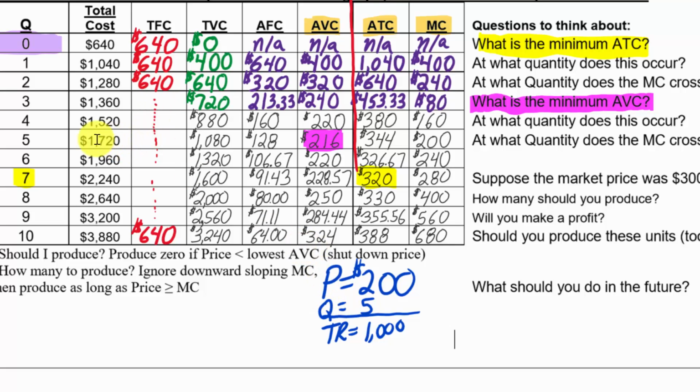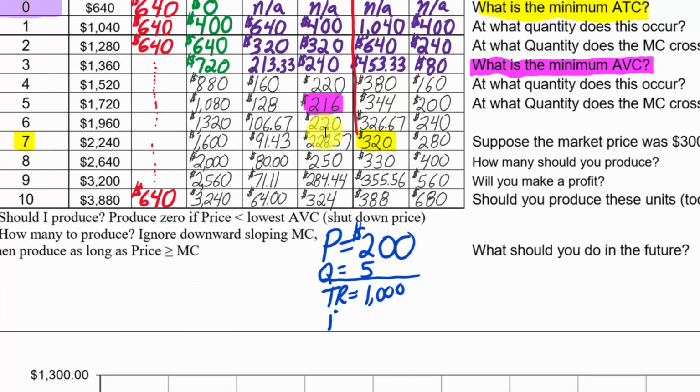Well, let's look in the table. Total costs, $1,720. What would happen to us? Well, profit is going to be total revenue minus total costs. Our profit will be minus $720. Well, that stinks.